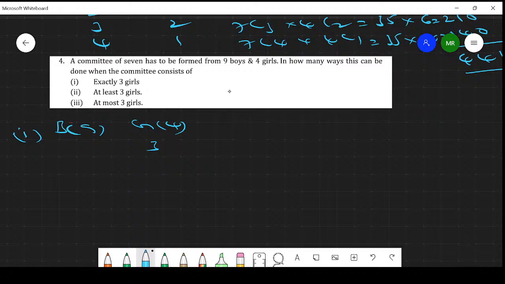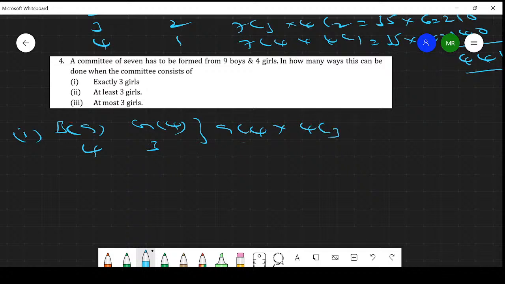The committee should have how many members? If 7 has to be formed, 3 girls means the remaining 4 I can consider from the 9. So this case can be done 9C4 into 4C3, right?